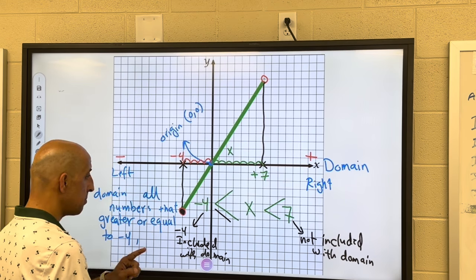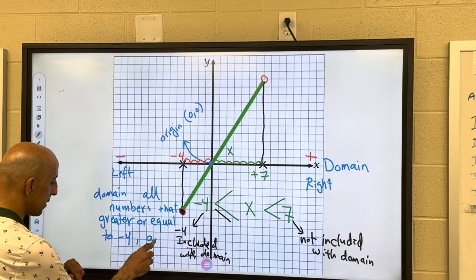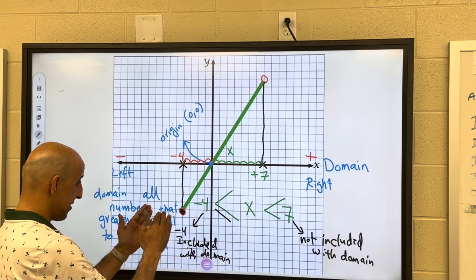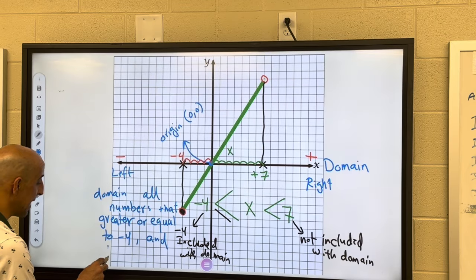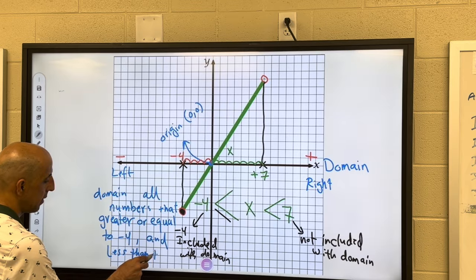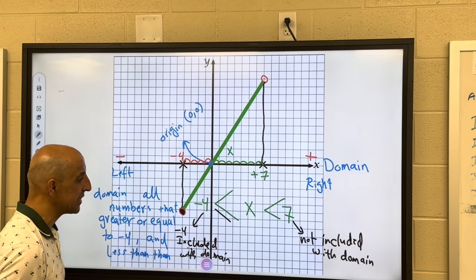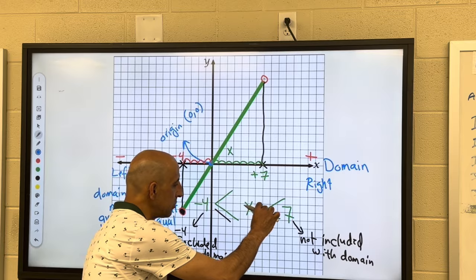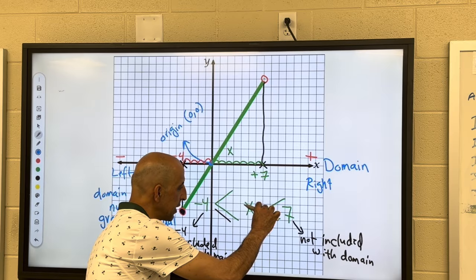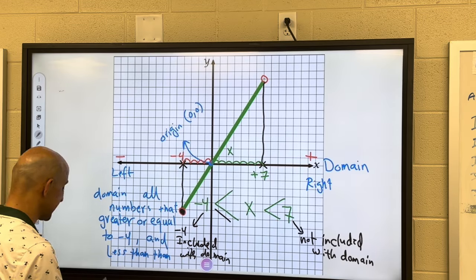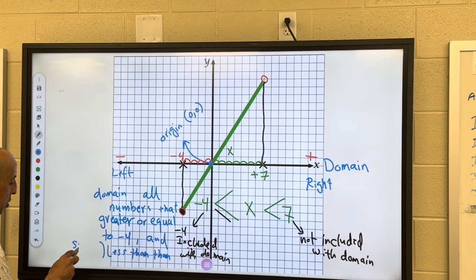At the same time, those numbers are less than 7. Why less than? Because look at the mouth, it's a small mouth, so I can read it as less than, or smaller than.